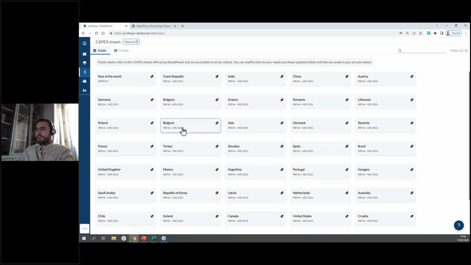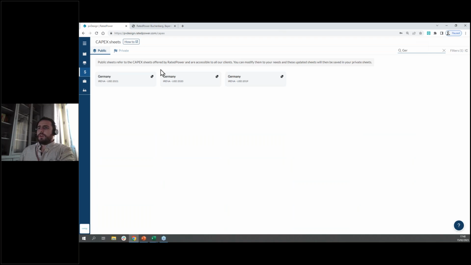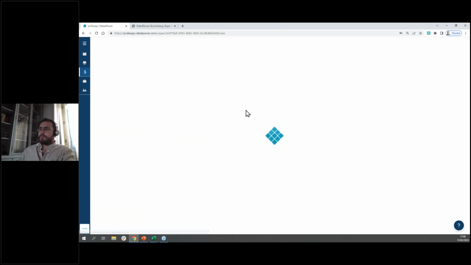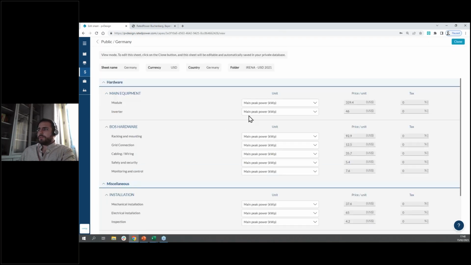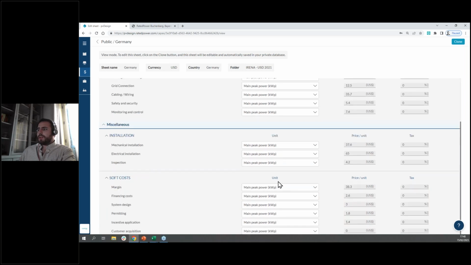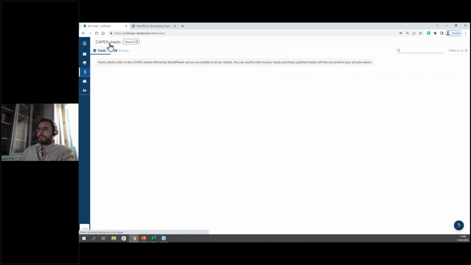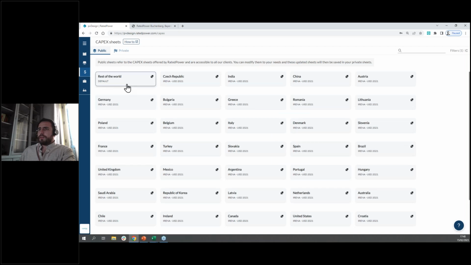So we have a database from Arena, and these costs are based on the big power. Okay, there are simple templates. For example, this one of Arena is based on the big power always, but we can create more complex templates if we are EPCs to calculate the total cost of the PV plant in detail.